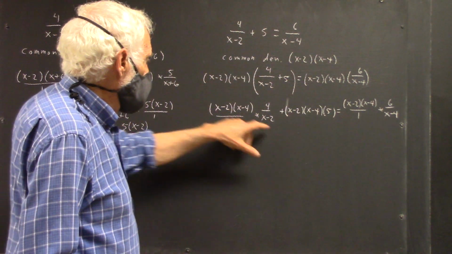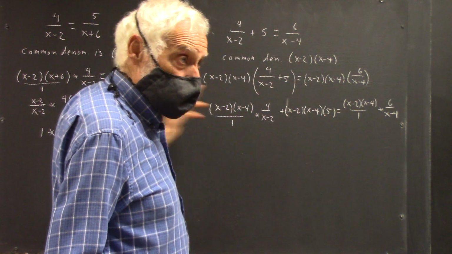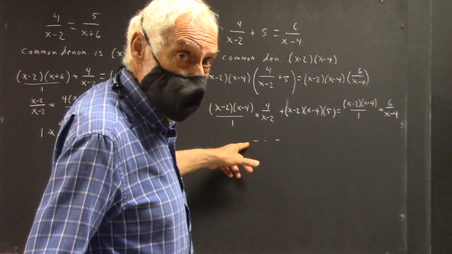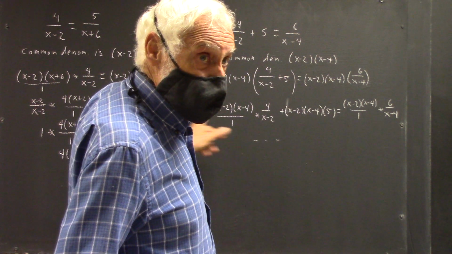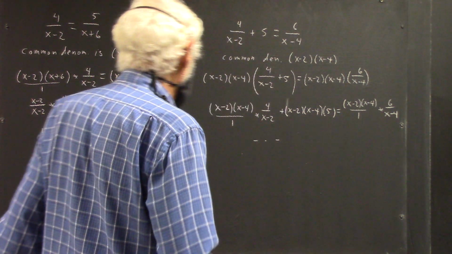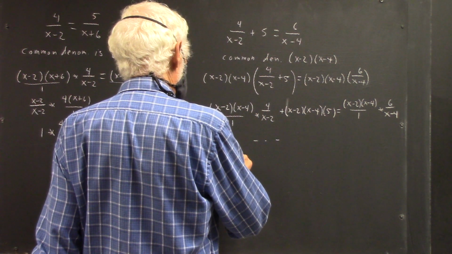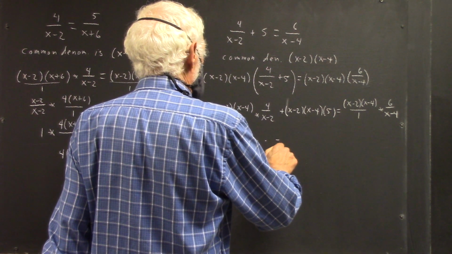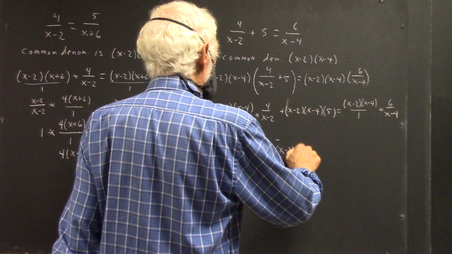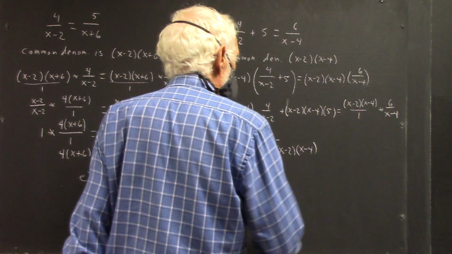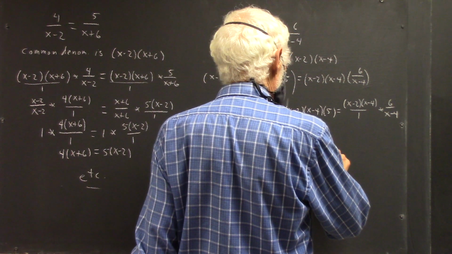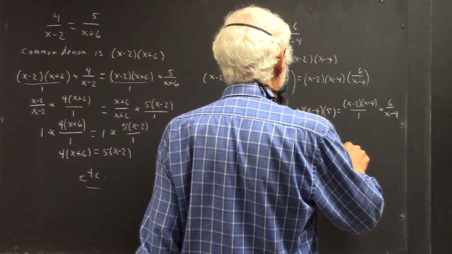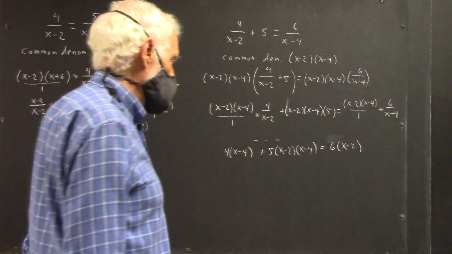Now, we could group these together, same way we did here. I'm just going to put dots here to indicate there's a step that you need to write in. It's just like the step we had over here. Numbers are a little different. But you get 4 times x minus 4 plus 5 times x minus 2 times x minus 4 equals, just plain old 6 times x minus 2.